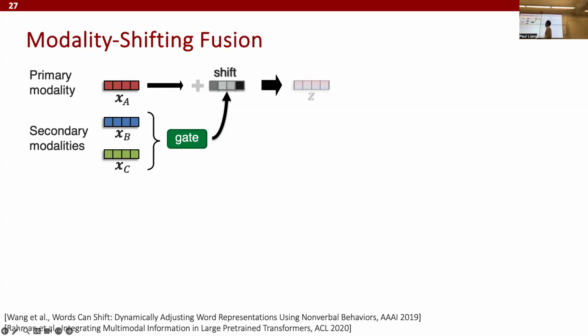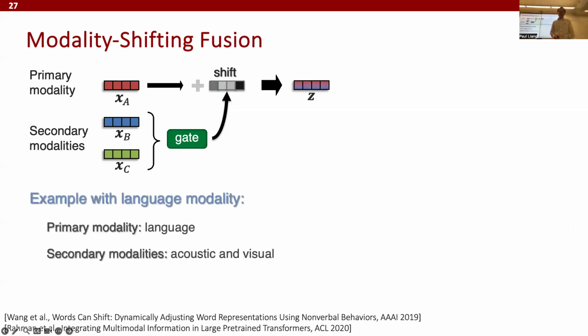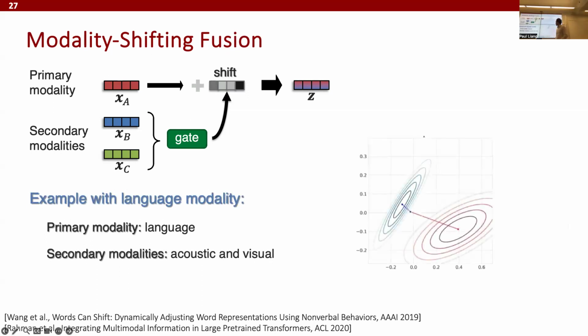And then you would just use that as a way to modify representation from the primary modality, which is language. And intuitively, you can think of it as a space where the centroid was your language embedding, for example, word embedding or sentence embedding. And most of the times it's just there, but it will be shifted in small directions depending on what the nonverbal expressions are. So one way to account for the fact that some modalities are more dominant than the others, and therefore more efficient. This fusion on the secondary modalities could be smaller, more efficient.